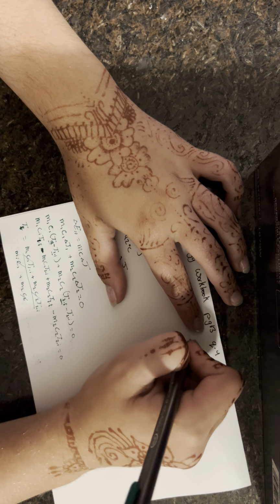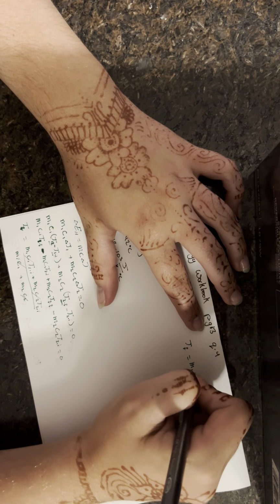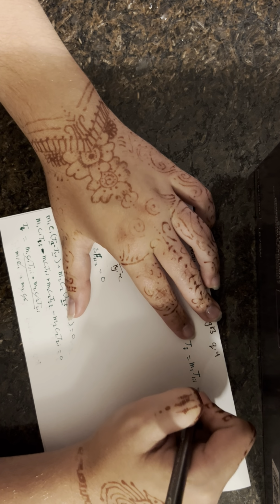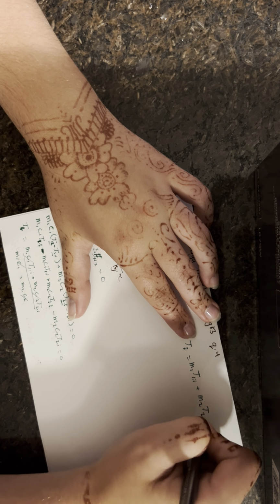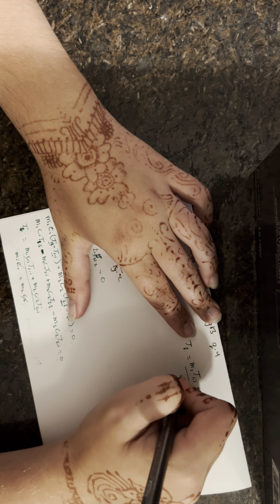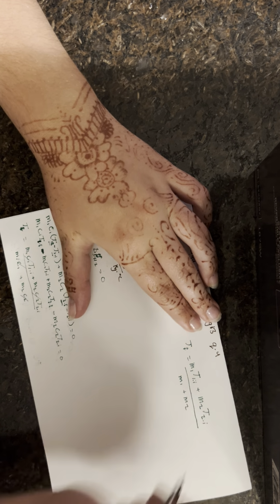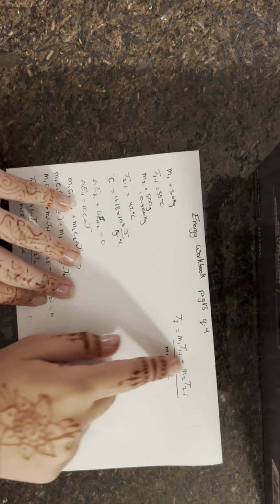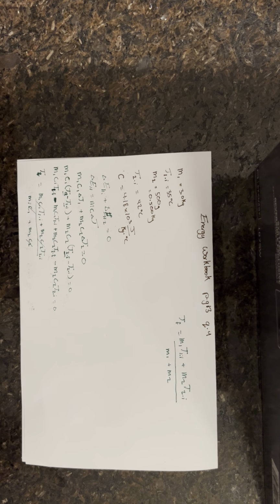So we now have our temperature final is equal to our mass 1 times temperature 1 initial plus my mass 2, temperature of 2 initial divided by my mass 1 plus my mass 2. Okay, now that I've made an equation for myself, I'm now going to sub in my values and solve for my final temperature.